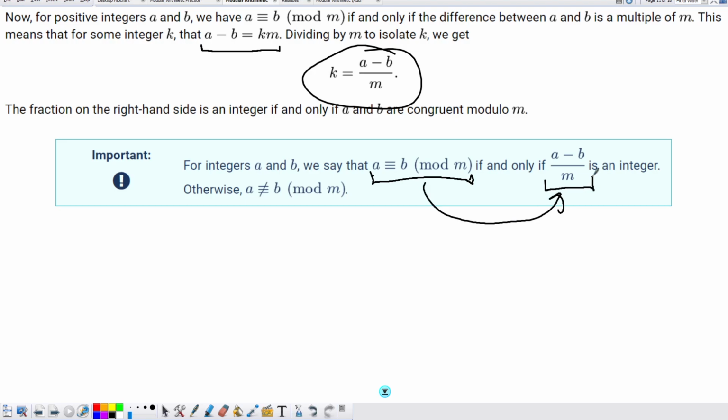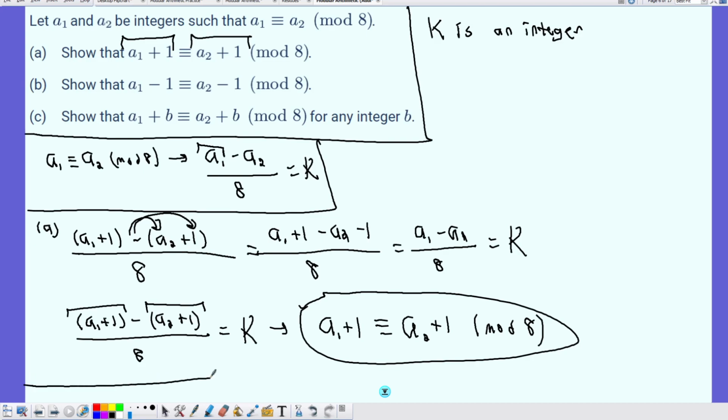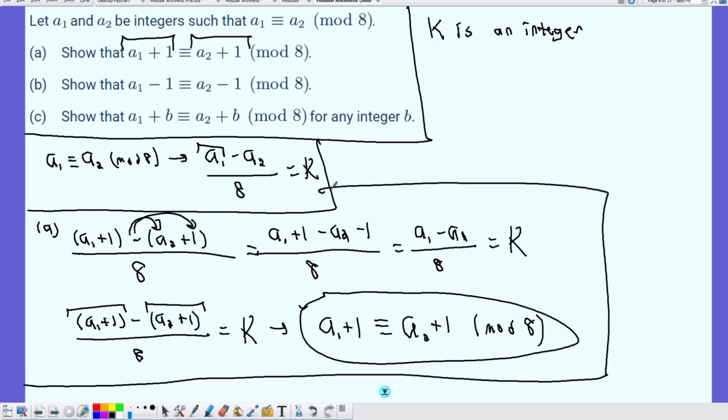These two things prove each other. And that's exactly what I've just done. I've proven that the difference divided by 8 is an integer. Therefore, I have established the congruence relation. So, that is part A.